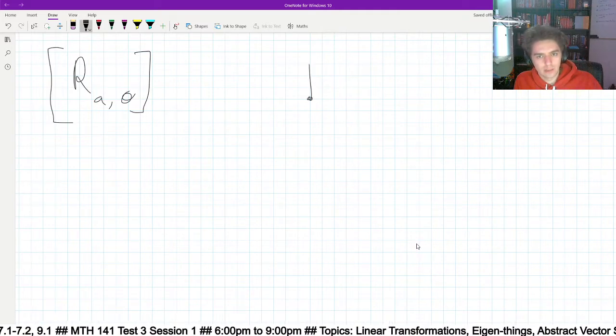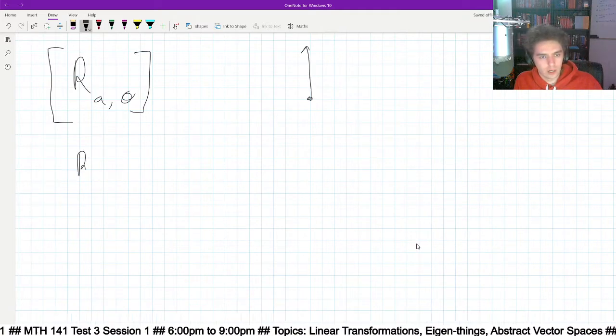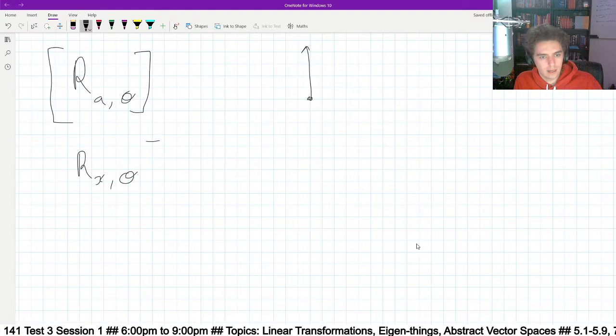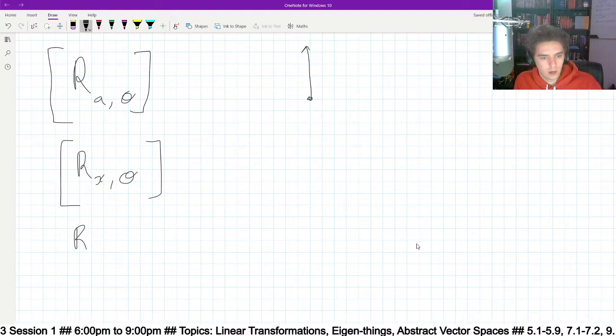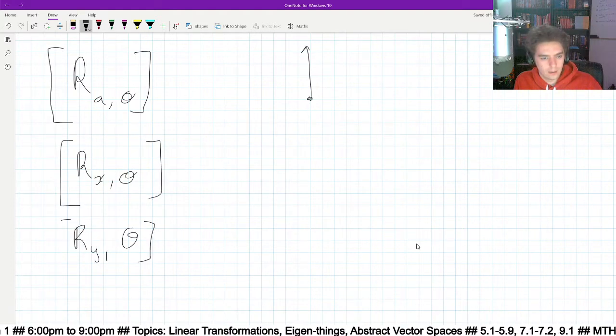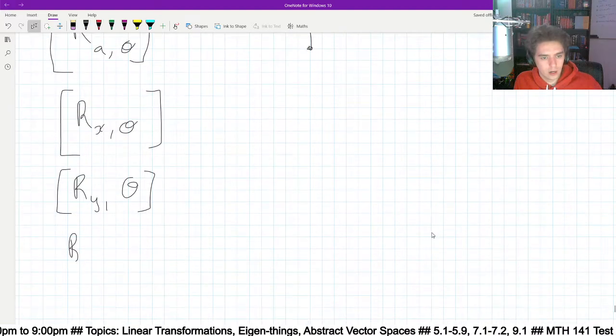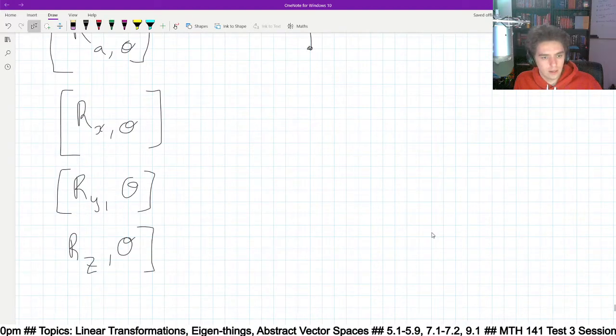So a can be either x, y, or z, so there are three options: R x theta, R y theta, and R z theta.